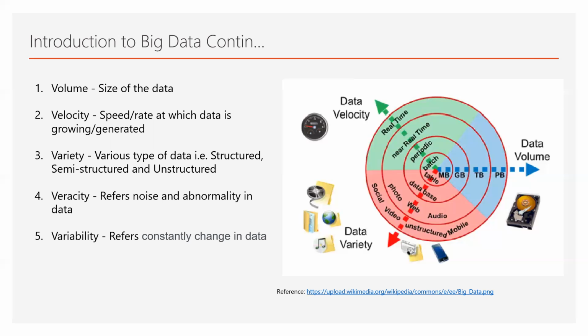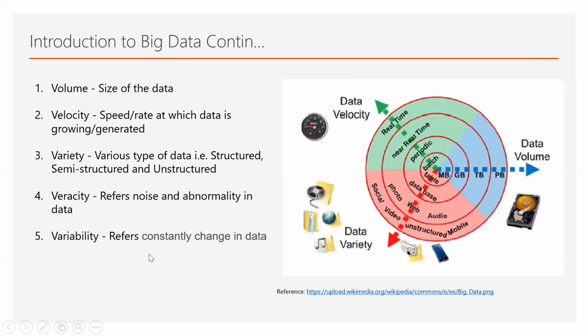If your data has so much noise, it's very difficult to build a model that gives good predictions. This can be normalized using different techniques, and you can also do some pre-processing. So veracity refers to noise or abnormality in your data.